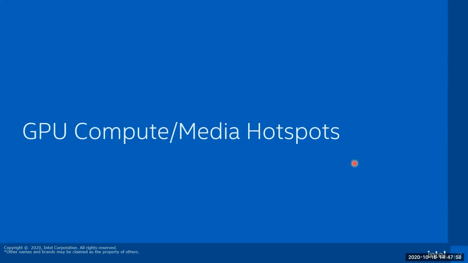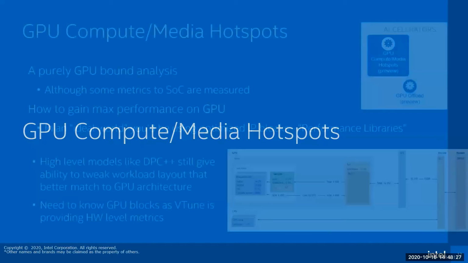Okay, thank you. So let's get to the second type of analysis for GPU, GPU hotspots or compute media hotspots. That's maybe not the final name of the analysis, because this type of analysis can provide information on the hottest execution points either for GPU workloads or for media workloads.